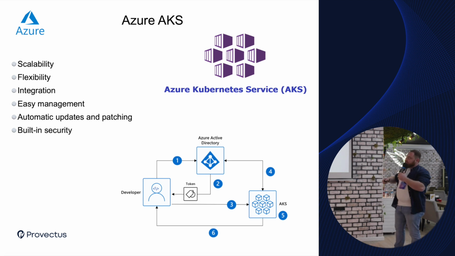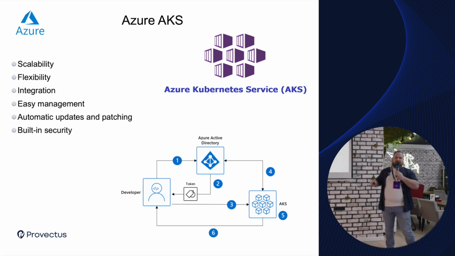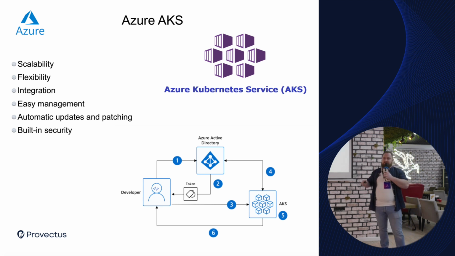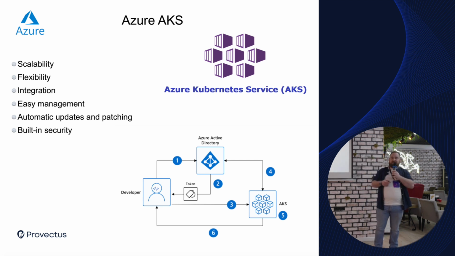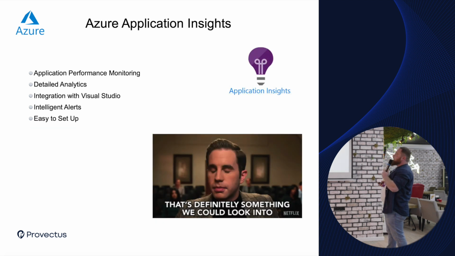And of course, the built-in security. Not only RBAC security is available in Azure, but it can also connect to Azure Active Directory and be controlled from there, just getting the token from AD and connecting to Kubernetes service. This makes Azure Kubernetes Service really important in modern cloud computing services.